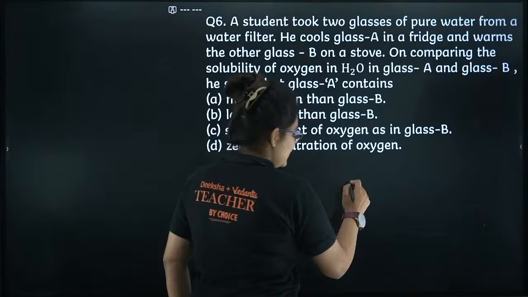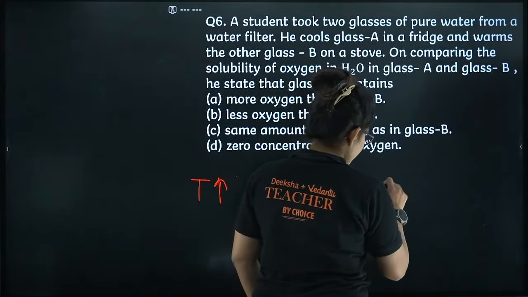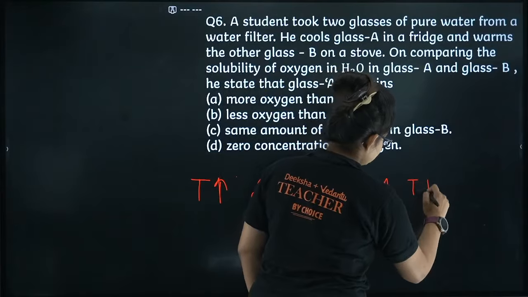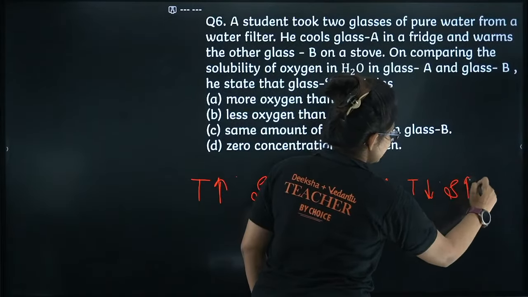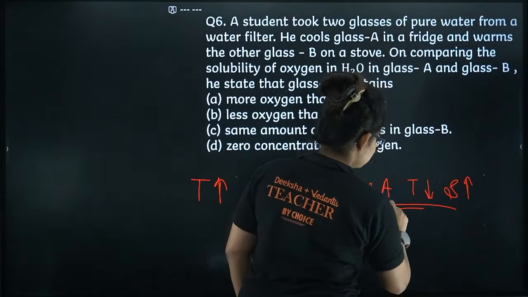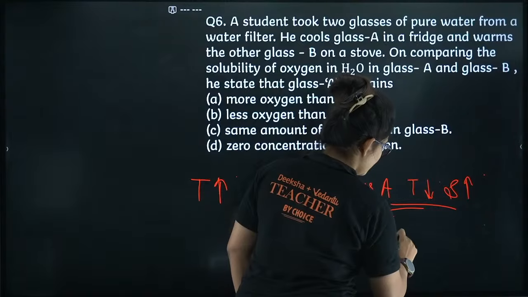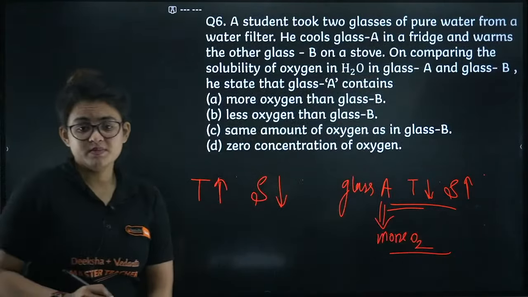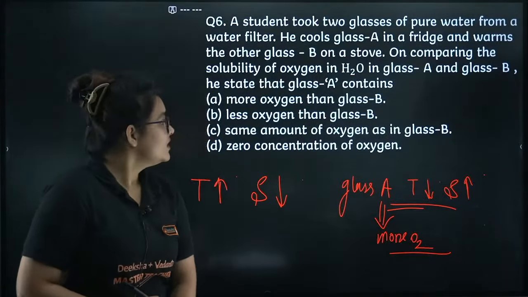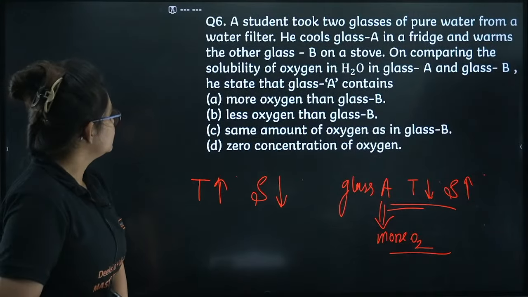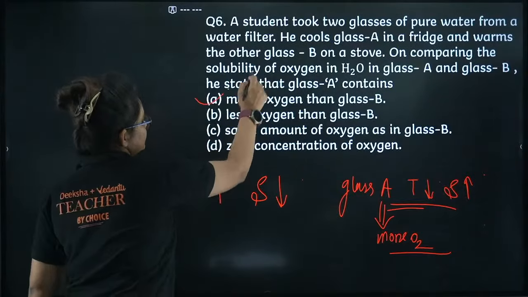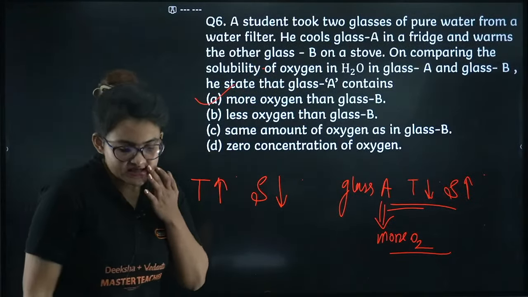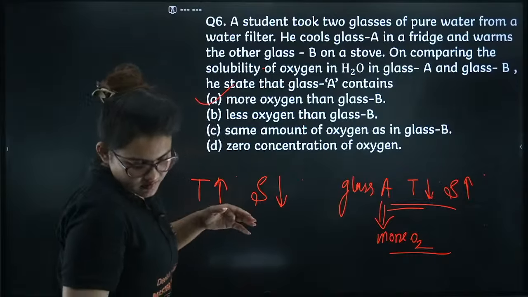Okay, so in the glass A itself, temperature is low, means solubility is high, means here in the glass A itself you will be having more amount of O2, rather than that of B, because B you are heating, right? So here you can see the glass A contains more oxygen than glass B. I guess it's clear to you.